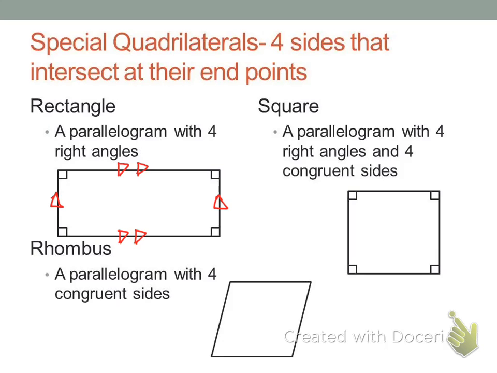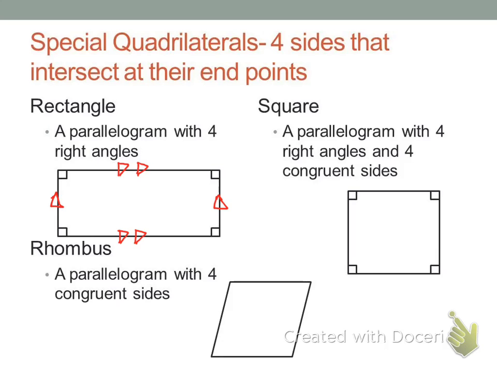Another thing about the rectangle is that I have 2 pairs of congruent sides as well, meaning they're the same measure. There is a difference between a congruent side and a parallel side. Parallel just means that they're the same distance across from each other. Congruent means that they're the same measure as one another.